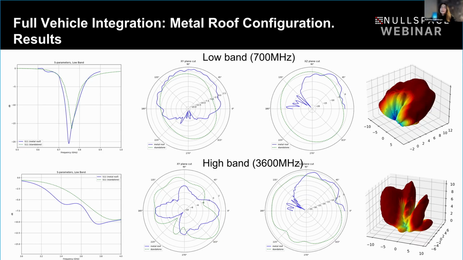The metal car part affects mostly the low band antenna, so we will see the most effect on the low band antenna because of the wavelength, because the car becomes part of that radiation of the low band, right?